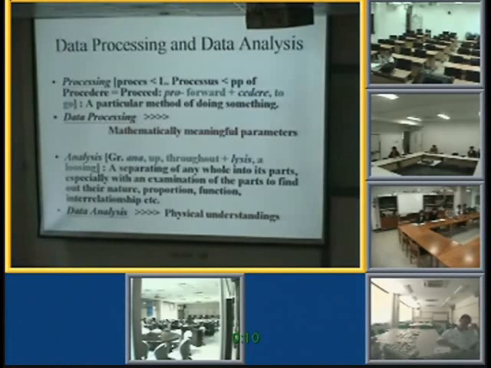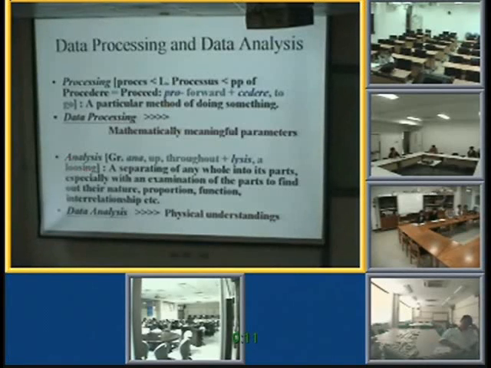But later you can use it anywhere. And because it's defined so broadly and so mathematically, whatever you come out with is a set of mathematical parameters that will help you understand the problem from a particular viewpoint. And that particular viewpoint is totally based on the algorithm you use.